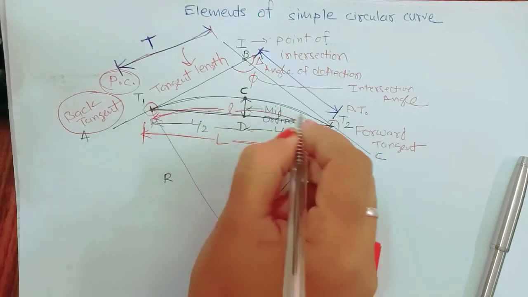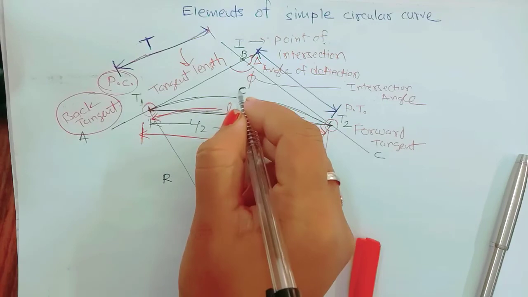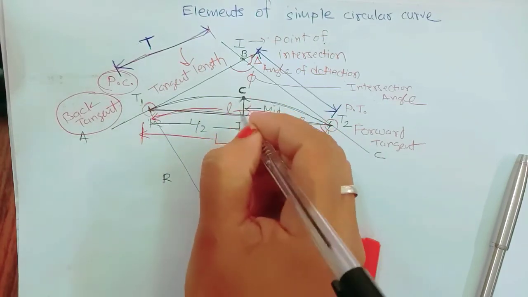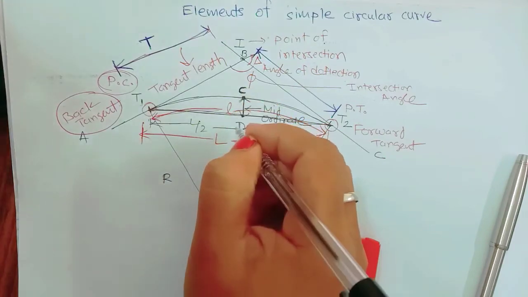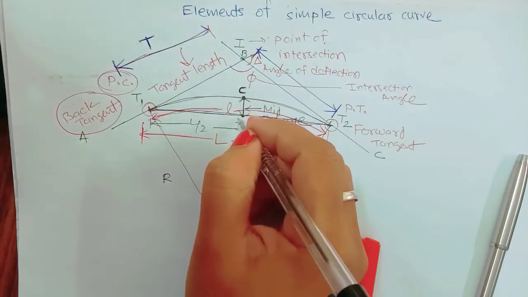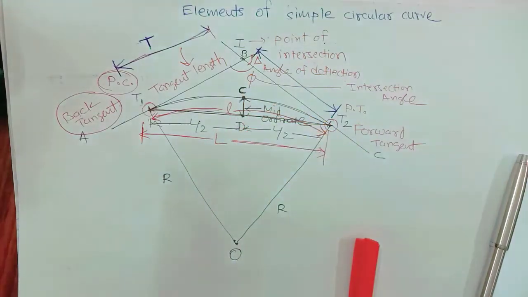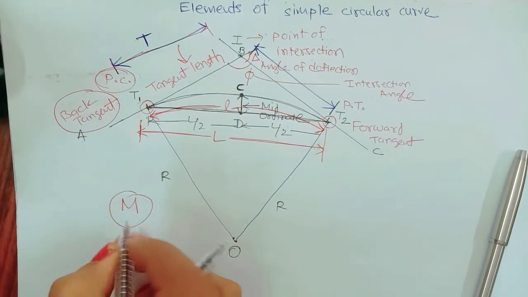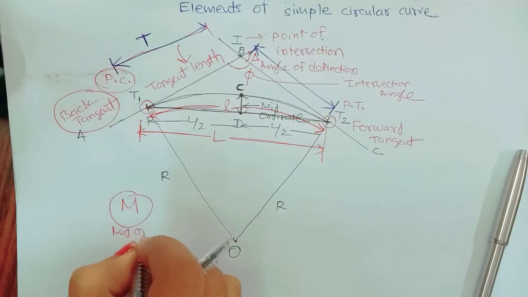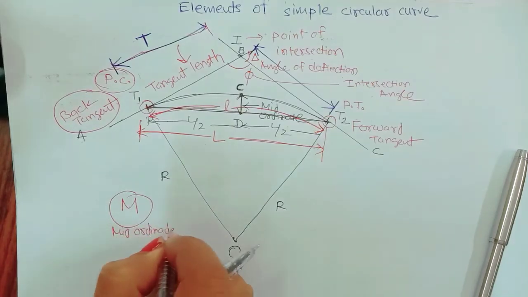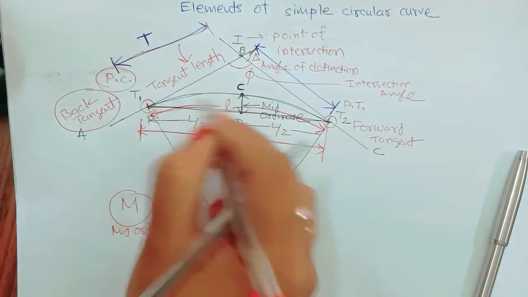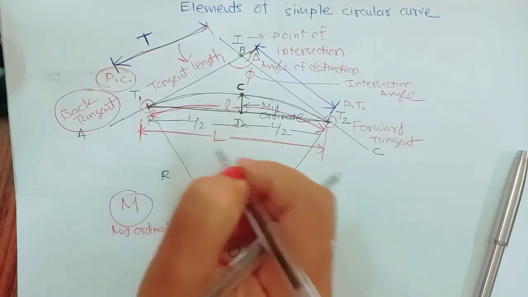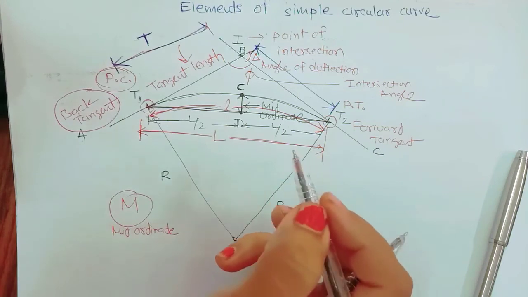So this is the middle point of the curve, known as C, and the middle point of the long chord, known as D. So this distance between C to D, that is known as a mid-ordinate, and it is defined as a capital M. So mid-ordinate, distance between C and D. So what is C? Midpoint of the curve, and what is D? Midpoint of the long chord.